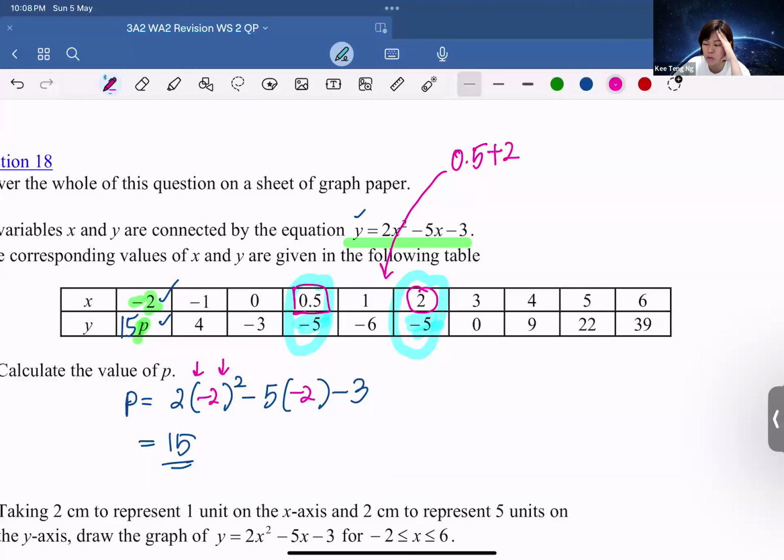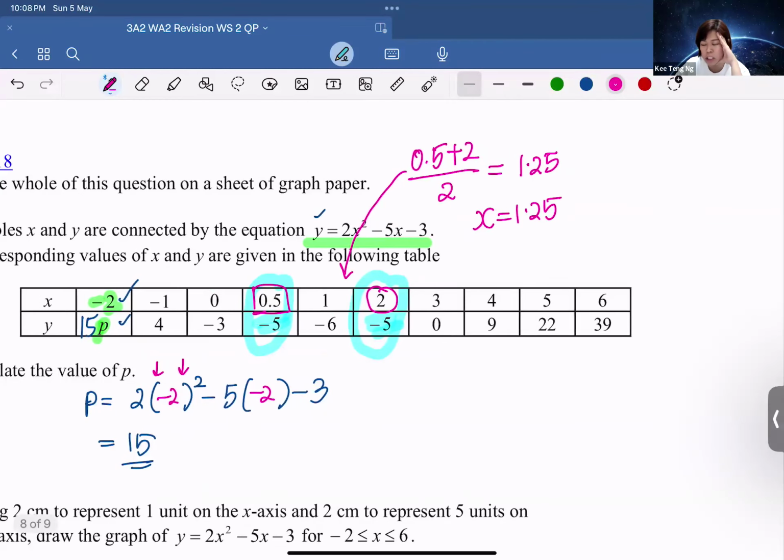So I add these two together and divide by 2, and I get 1.25. That means my line of symmetry is x equals 1.25. What does this mean? I can do a little bit of cheating. I'll plug it inside my equation.